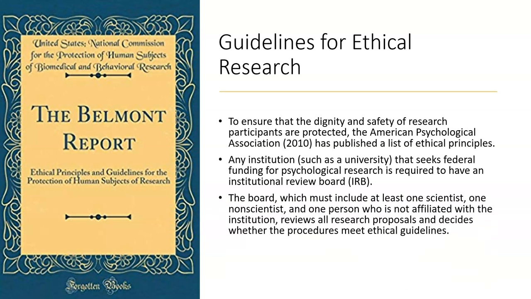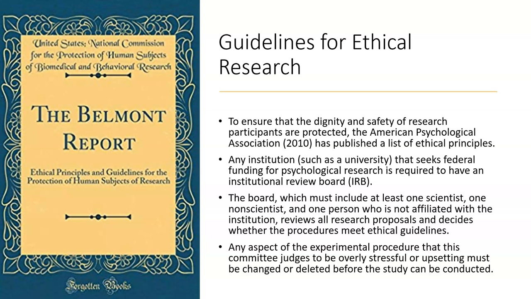The IRB, the Institutional Review Board, has to have at least one scientist, at least one non-scientist, at least one person not affiliated with the institution that you're working at. They review all research proposals and they decide whether the ethical guidelines are met. Any aspect of the procedure that the committee thinks is too stressful, too upsetting, too likely to damage the person psychologically, cognitively, physically, or otherwise, they can demand that the researcher change them, or they can simply deny that the study be conducted at all.